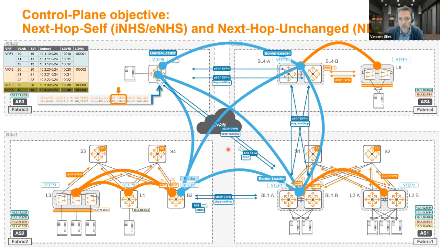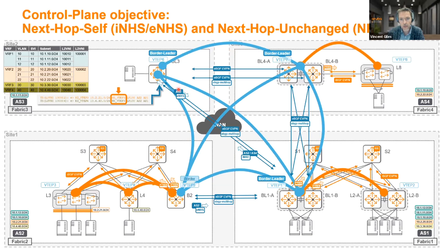We want to maintain the next hop as the original next hop, so that when, for instance, VTEP 6 here receives the routes, it will construct and send those packets for destination being Fabric 4 to VTEP 7 instead of forwarding that to VTEP 1. I think I have repeated that many times, so it's clear now. It's the same for AS3 sending the routes.